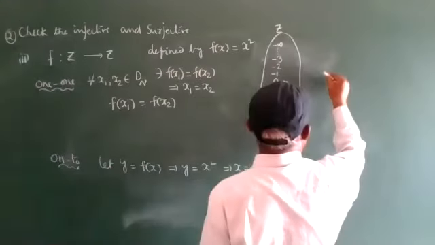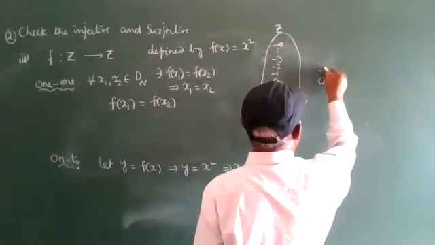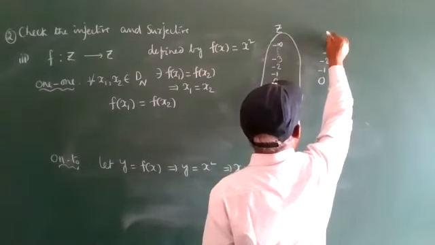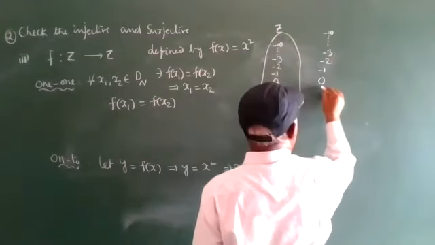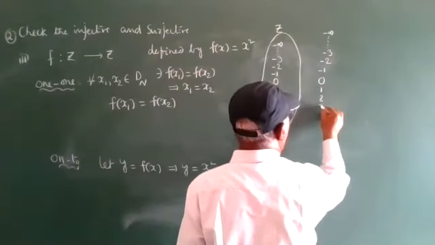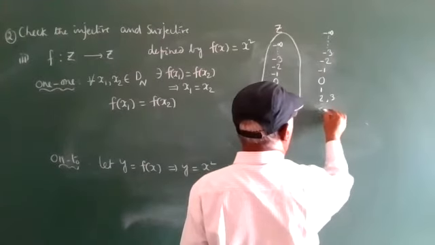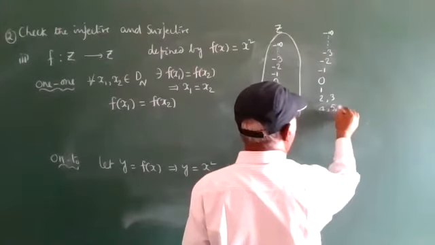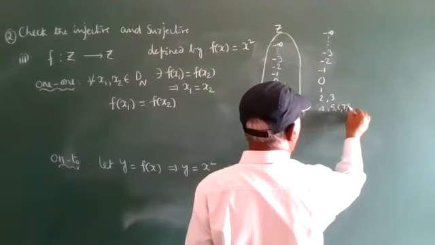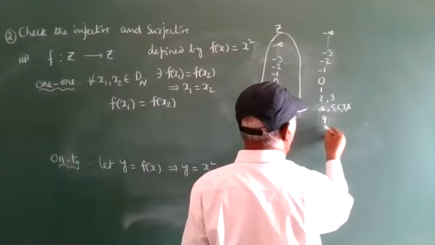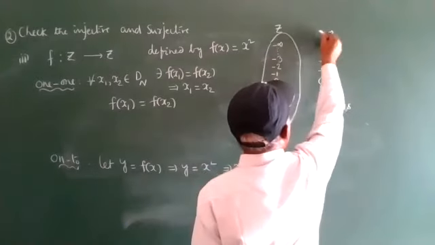The second set also has 0, minus 1, minus 2, minus 3 up to minus infinity, and 1, 2, 3, 4, 5, 6, 7, 8, 9 and so on up to plus infinity.